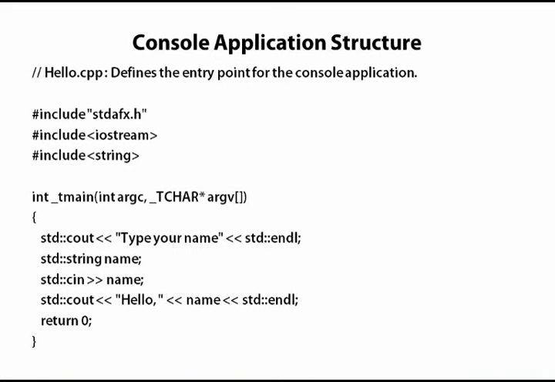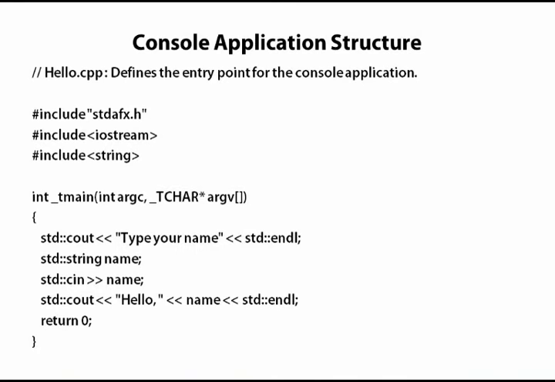And that's the structure of our very simplest console application. You can see that we have comments, we're including header files, we're defining our main function, which is what Windows will launch for us when we run the application. We're putting something on standard output using the console output capability of the standard library.